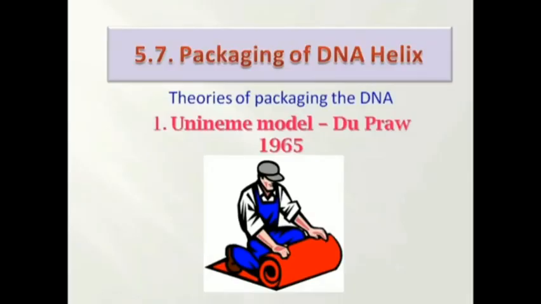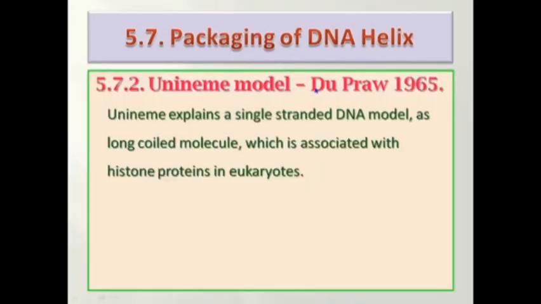There are many theories of packaging the DNA. The first theory is the unineme model by Dupraw in 1965. This model explains a single-stranded DNA model as a long coiled molecule which is associated with histone proteins in eukaryotes.